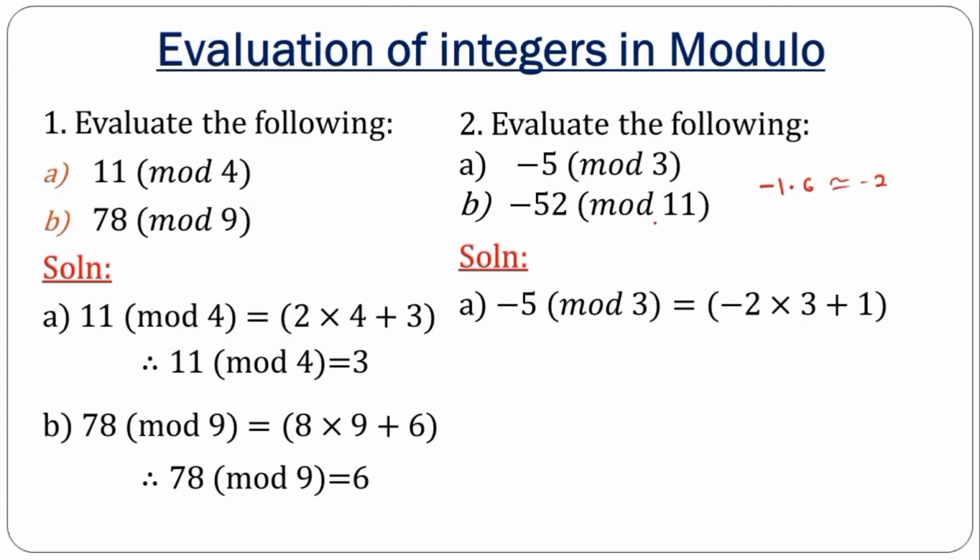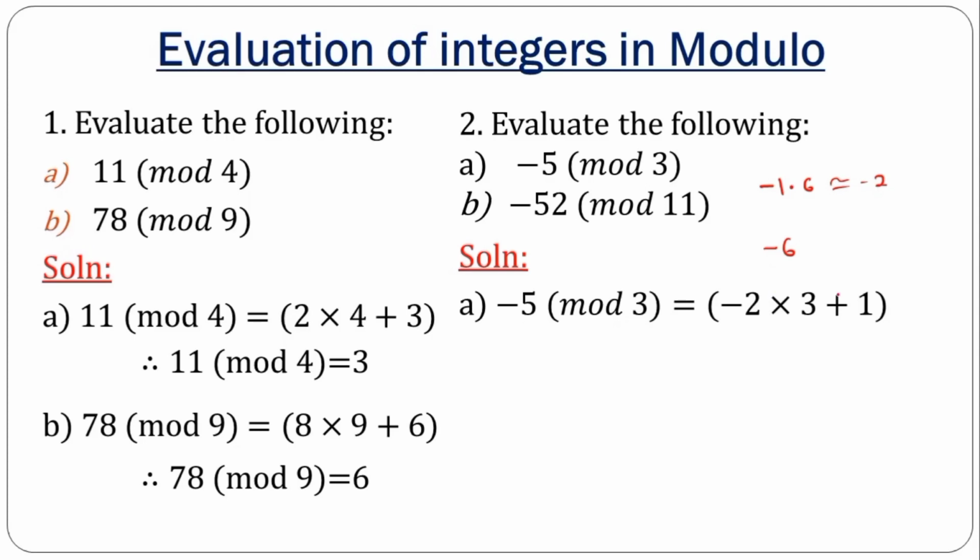Whatever you get when you divide a negative, take it to the next whole number, then multiply it by the divisor, or the mod, and then look for the number you will add to get what you were originally given. So here, if I take this to negative 2 and multiply by the mod, which is 3, that gives me minus 6. I'll ask myself, what will I add to minus 6 to get minus 5?